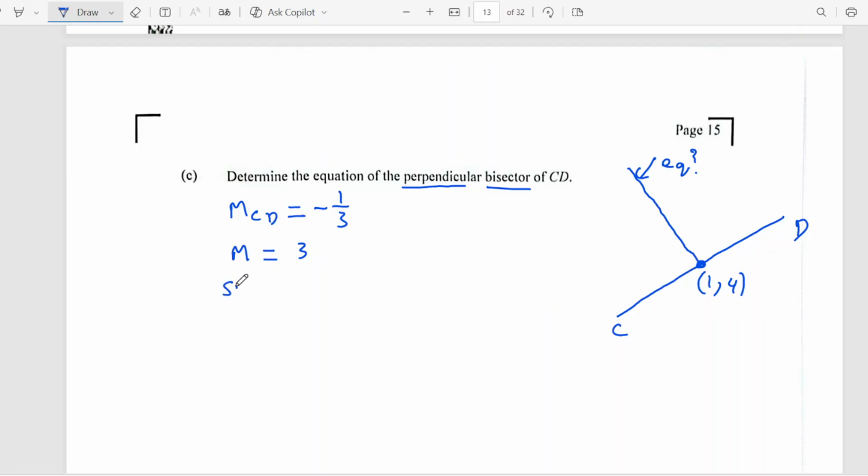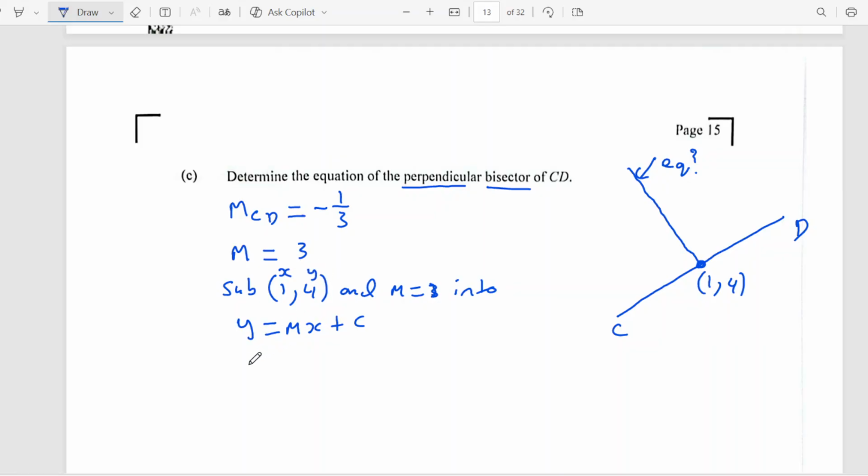So we will substitute the point 1 and 4 and the gradient of 3 into y is equal to mx plus c. Remember this is x and that is y, right?